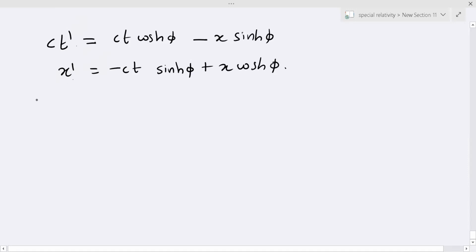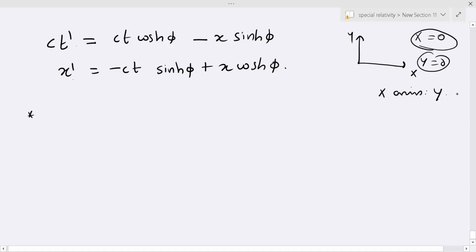Now, if you have y and x, how do you find the y-axis? You just take x equal to 0. The line corresponding to x equal to 0 is the y-axis, and the line corresponding to y equal to 0 is the x-axis.